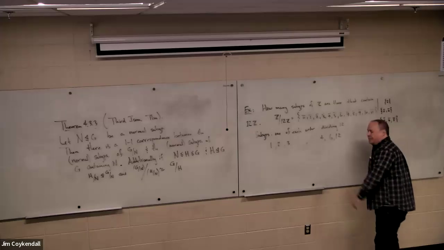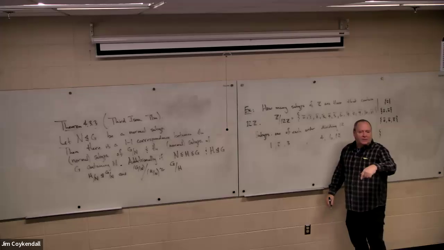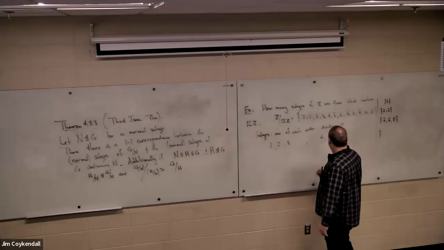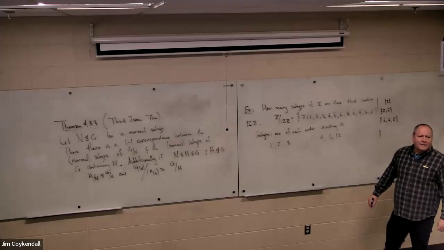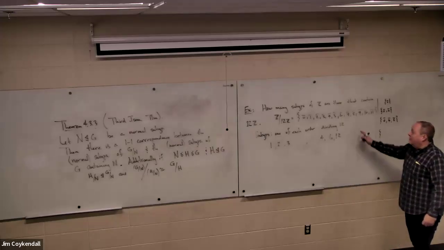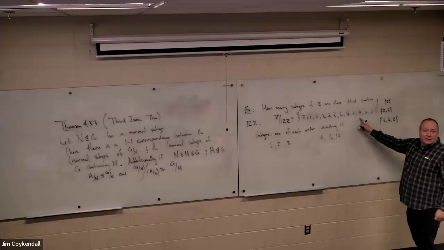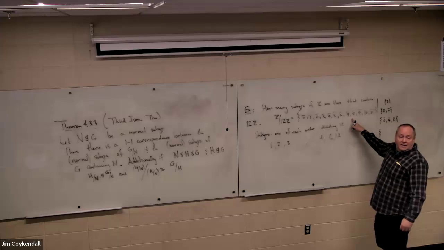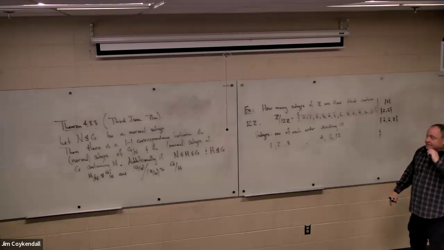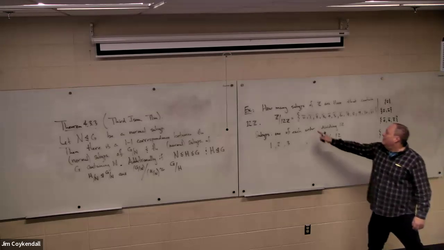Subgroup of order, oh, are you picking on me because I left out 6? Are these being pulled from Z or 12Z? Z mod 12Z. Shouldn't it not include 12? Because 12 isn't in Z mod 12Z. 12 is 0. Okay.